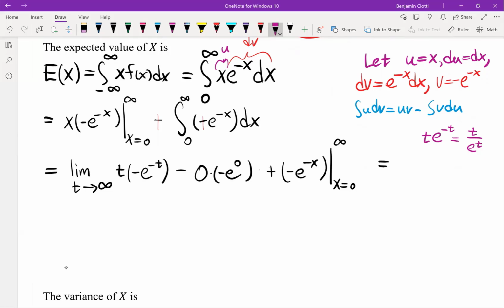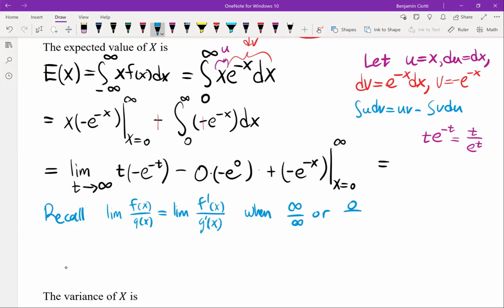And it says that, here, let me just remind you. So recall that the limit of, let's say, f of x over g of x is the limit of f prime over g prime, when it's of the indeterminate form of infinity over infinity or 0 over 0.